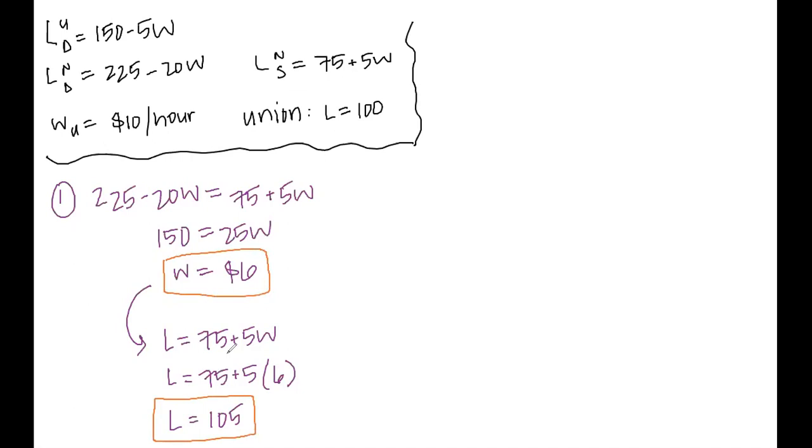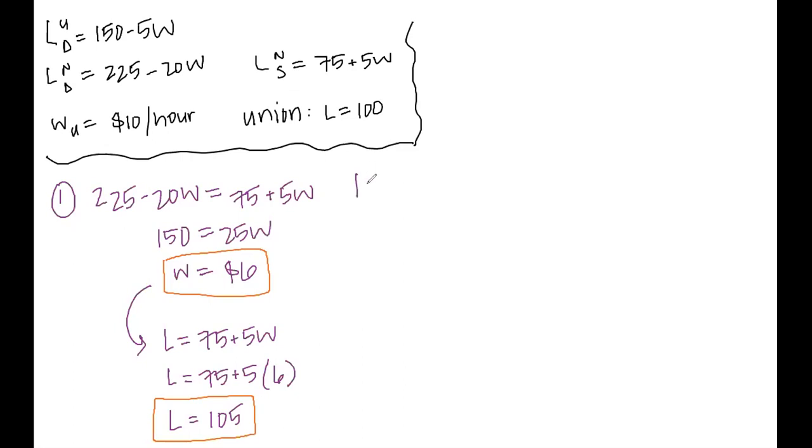Then the second part asked, what is the relative wage advantage for unions? That's just comparing the difference of wages between the 2 sectors to what the non-unionized sector is getting. So this is still number 1.